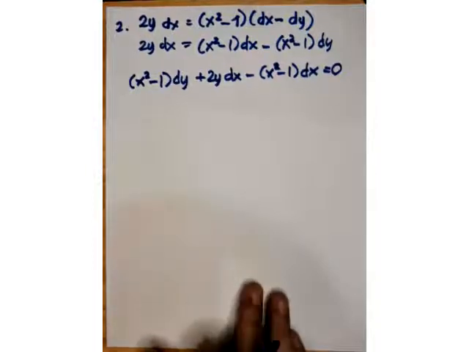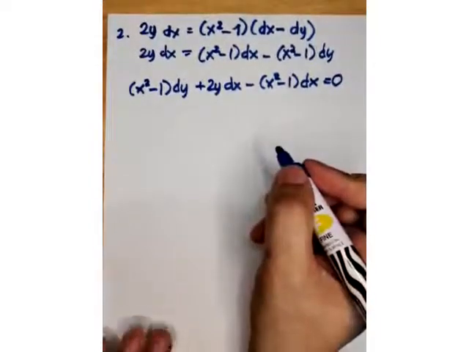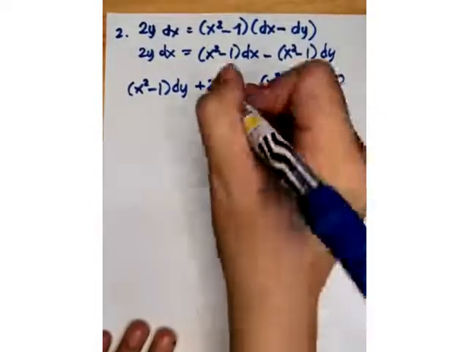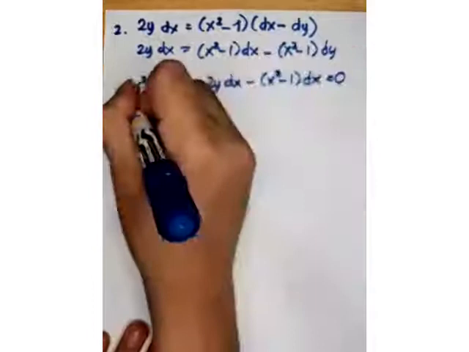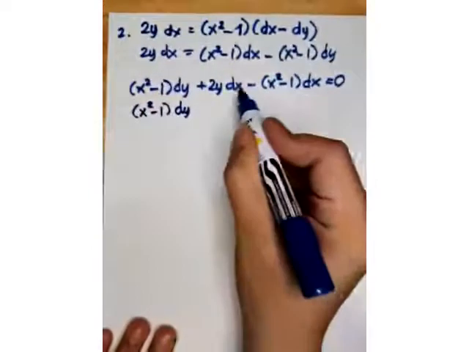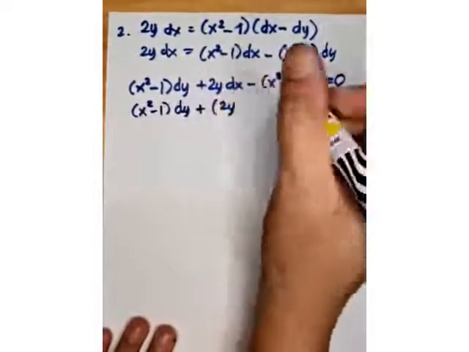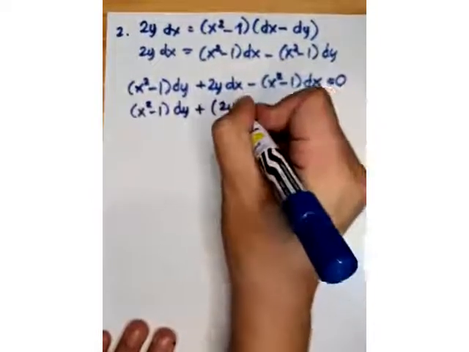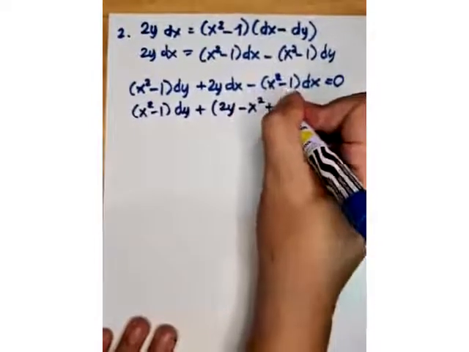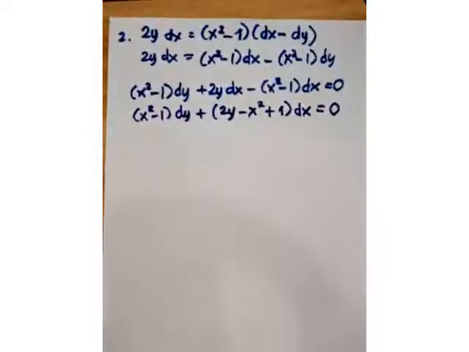Okay, so let's try to simplify this first. Sorry, dx. Right? So this will be x squared minus 1 dy. And then let's combine these two. So plus 2y, then distribute the negative: minus x squared plus 1 dx is equal to 0. Is that right?